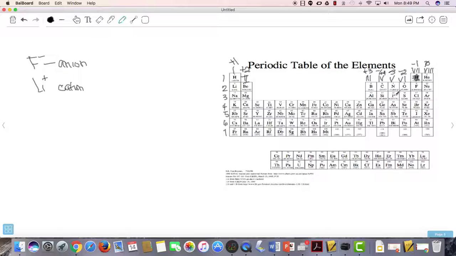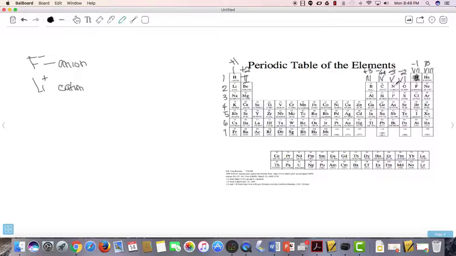Take a look at nitrogen. Nitrogen is a non-metal, so non-metals will gain electrons to look like the noble gas that comes after it. What noble gas comes after nitrogen? It's neon. Take a look at aluminum. Aluminum is a metal. Aluminum has a charge of positive 3.